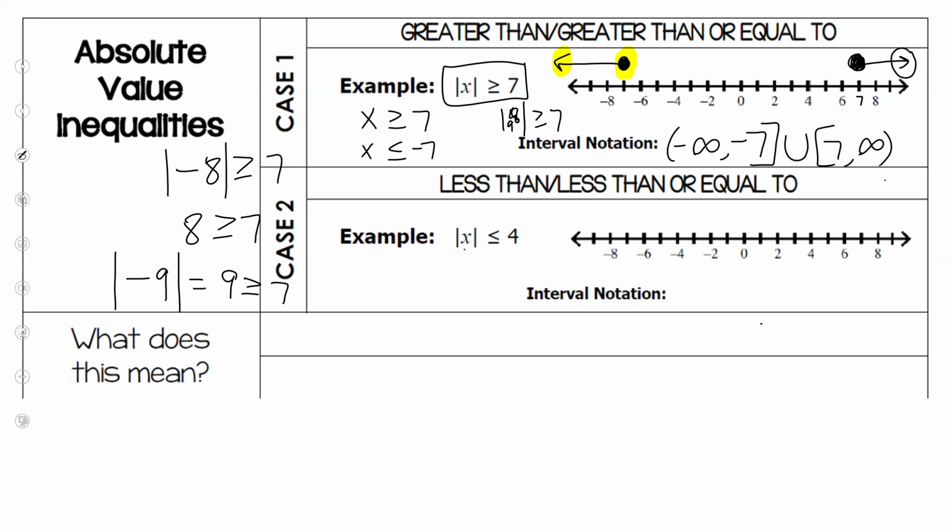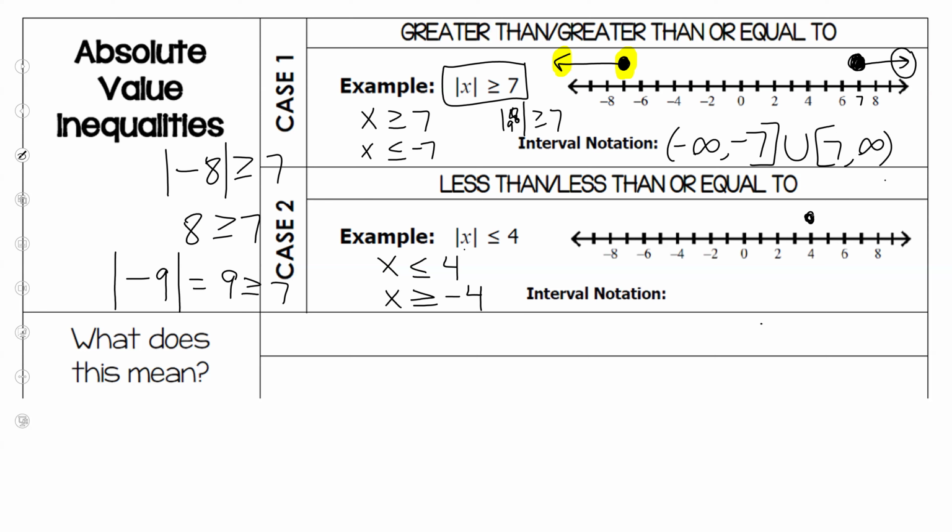Okay, now let's look at how the graph will be different whenever you have a less than or equal to sign. There's going to be two cases again. One case, I'm going to keep it exactly the same. The other one, I'm going to change this symbol and change that sign. So keep, change, change. Okay, so let's graph what this looks like. The numbers less than or equal to 4. This is 4.